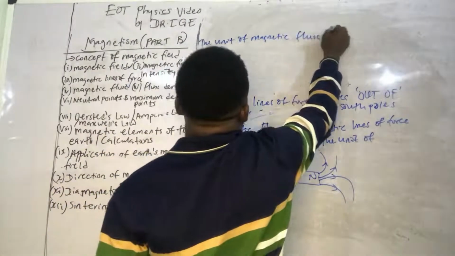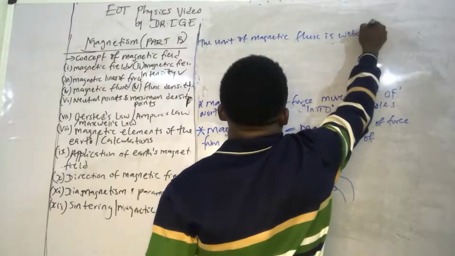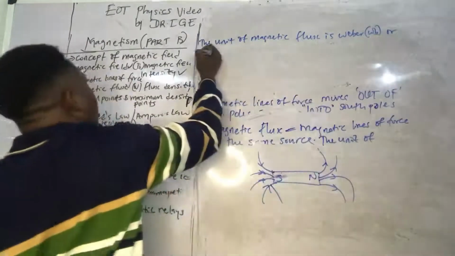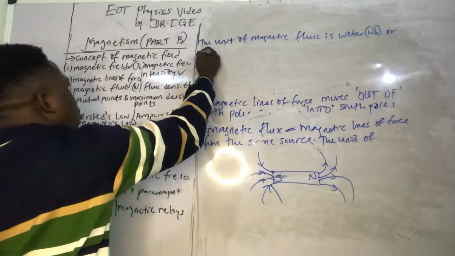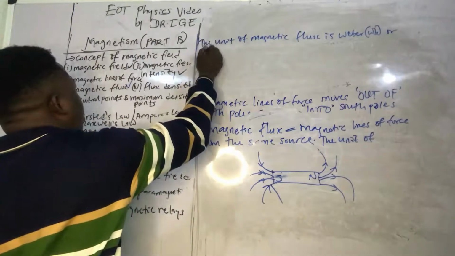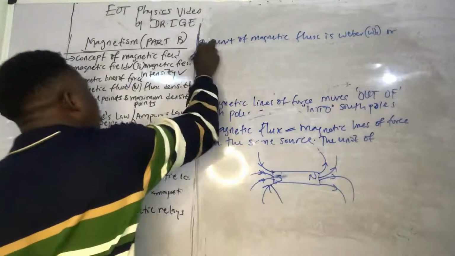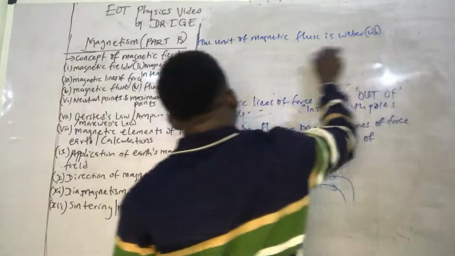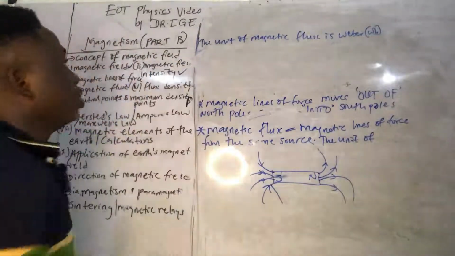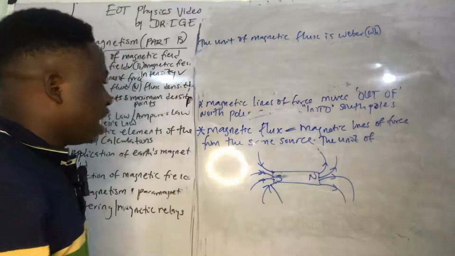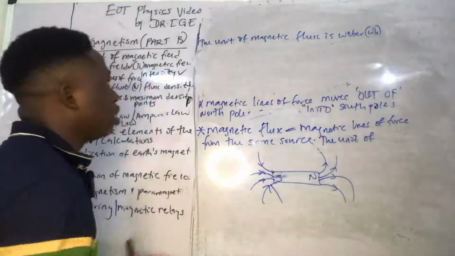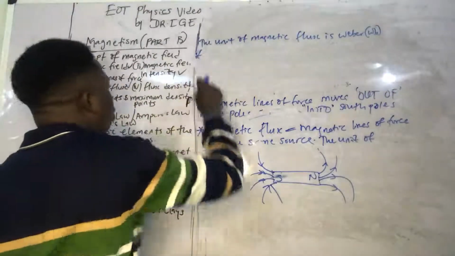Okay, yeah, it's Weber. The other one is not really valid, and you don't need it at this point. So the unit of magnetic flux is Weber. And remember, magnetic flux is magnetic lines from the same points or the same source.